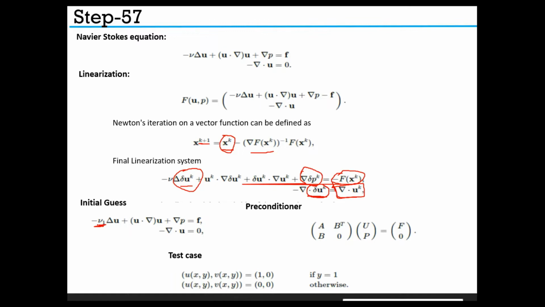A good initial guess can be obtained by solving the Stokes equation with the velocity. This is problem dependent, so this works. The B is greater than or equal to 1 by 400 for the solution considered here.